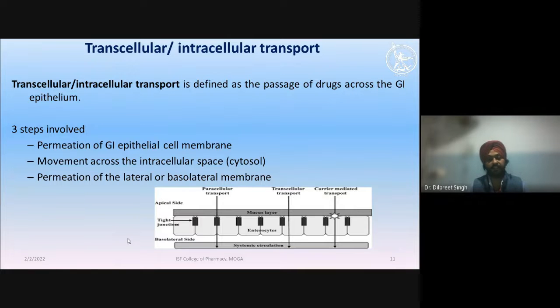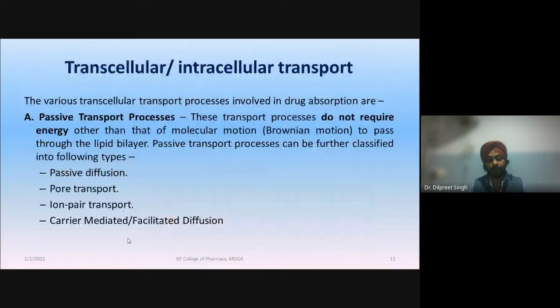The tight junction molecules favor the absorption of the drug into the systemic circulation through various transcellular and carrier-mediated transport, with the basolateral membrane leading to the extracellular fluid.